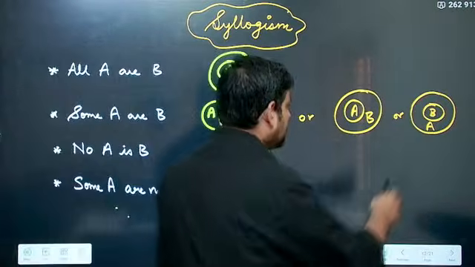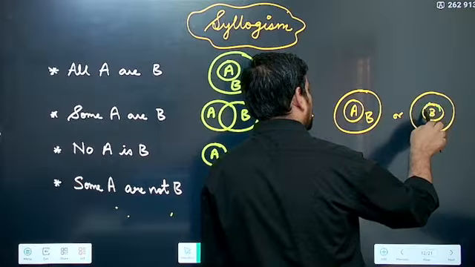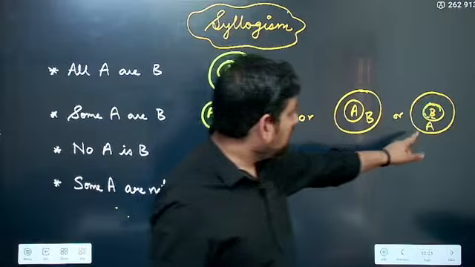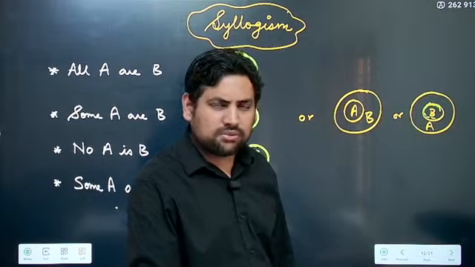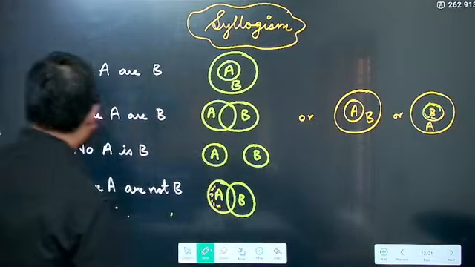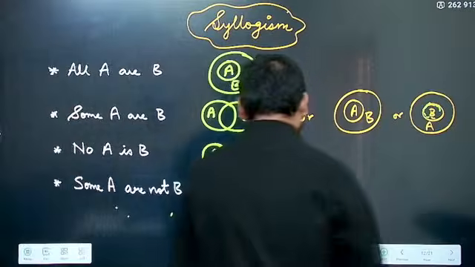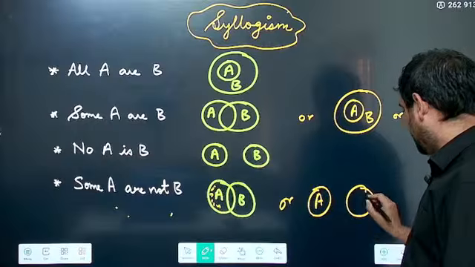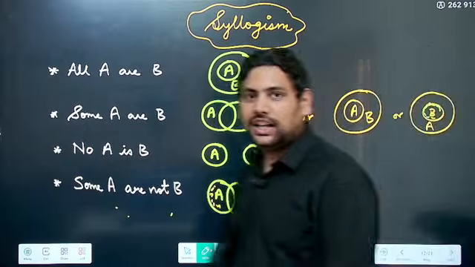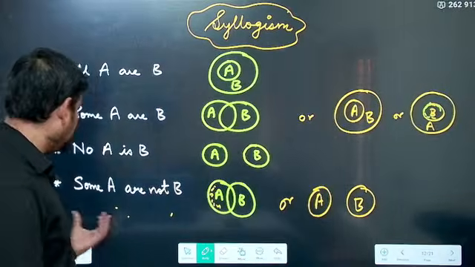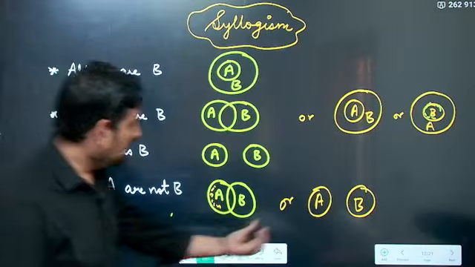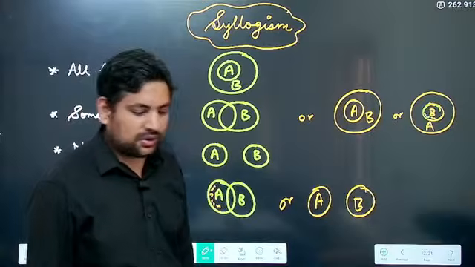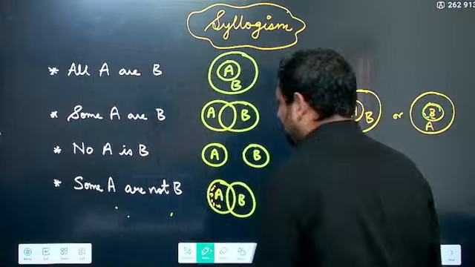Here also you can see some of the A's are B. Some A's are B here also, both are possible. Now some A are not B. Now this can also be drawn as A not being B. Why is this also possible? Because it only talks about A not being B. Now if no A is B, that also is fine with me. Understood?